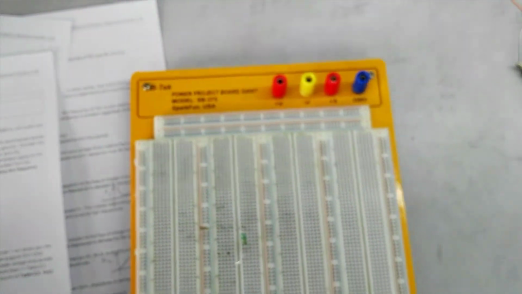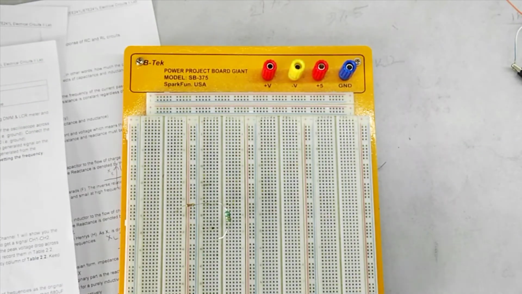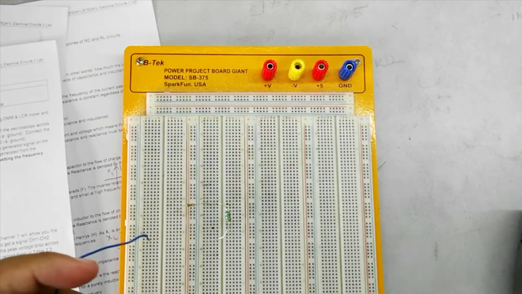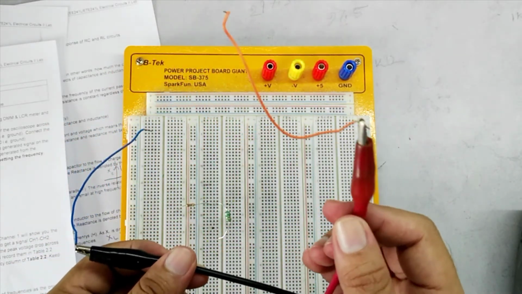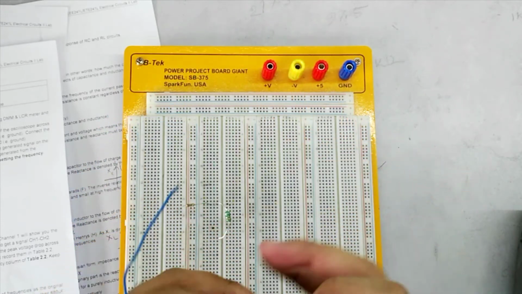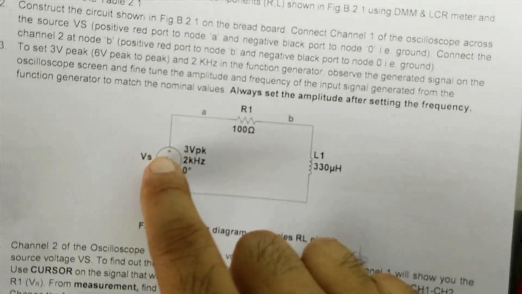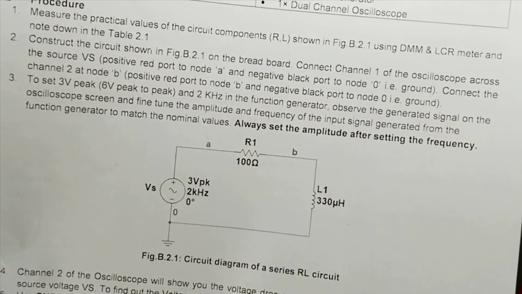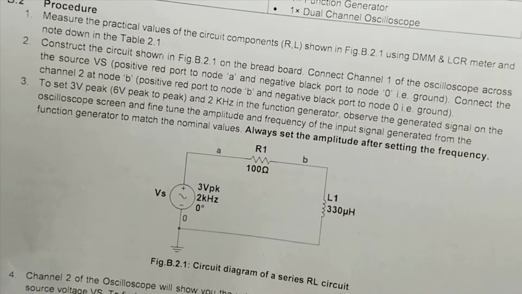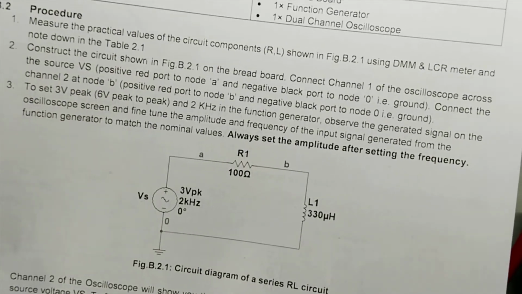And now we attach the source from our function generator. In our function generator, we have this red wire and this black wire. According to our circuit diagram, we will attach the red wire, the plus one, with our node A, the black wire in the negative terminal, which is node 0. The red wire will be connected to the open end of the resistance.